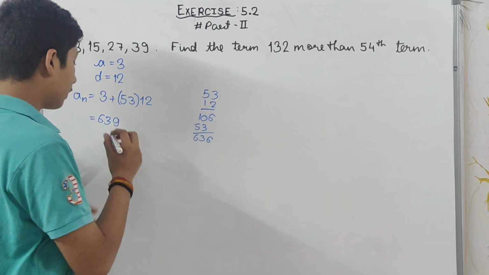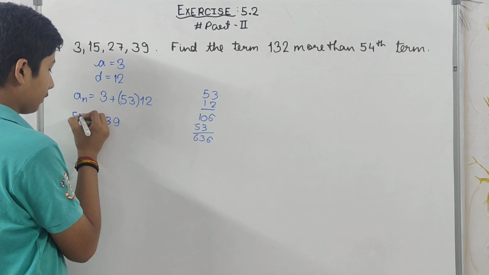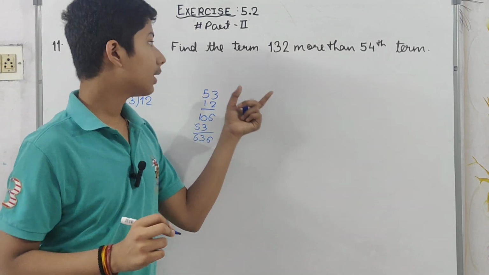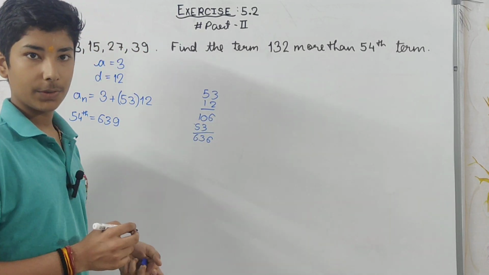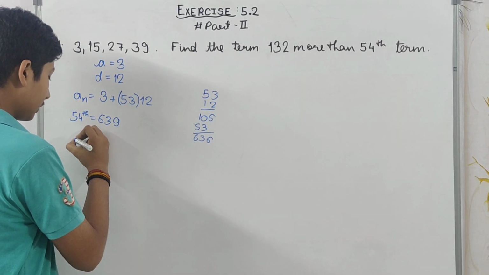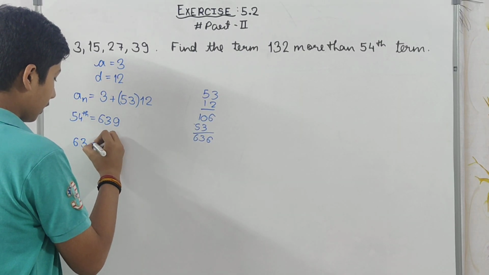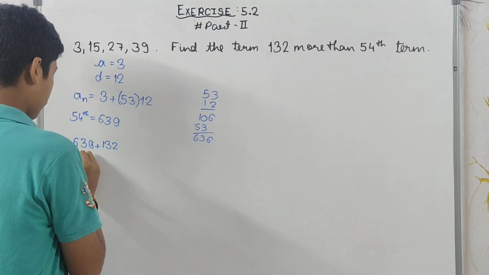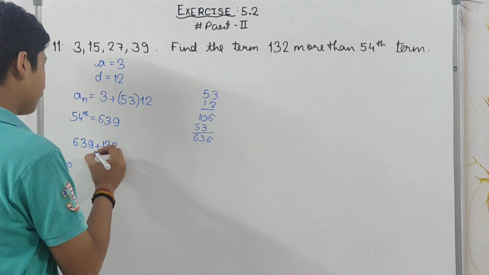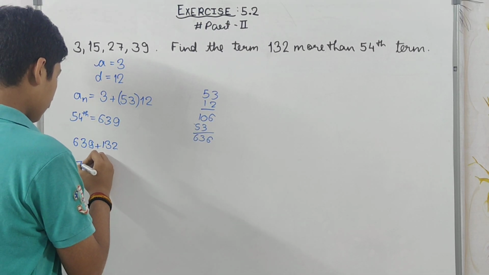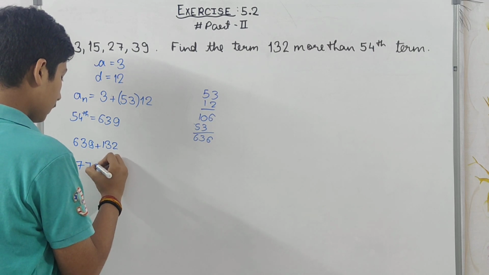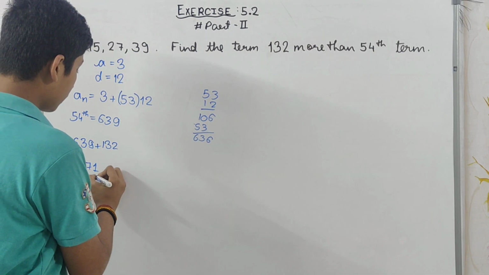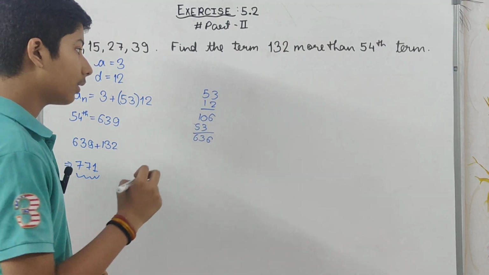Now we have got our 54th term. Now we have to find the term which is 132 more than the 54th term. So we'll just add 639 plus 132, and this will be 771. Okay, now we have to find which term is 771.